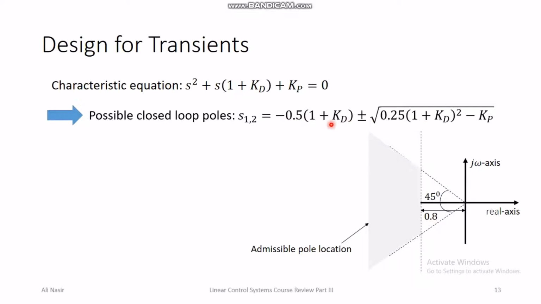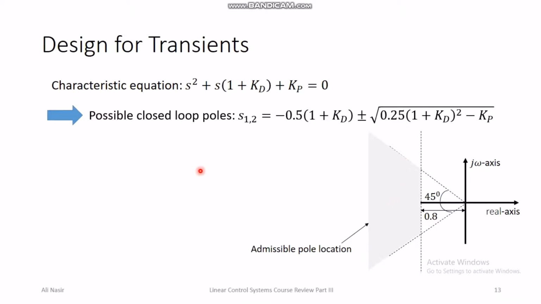So this is the characteristic equation of the closed loop transfer function, a second order equation. You apply the quadratic formula, and this is the solution of the quadratic equation. So we have to look at this equation in order to determine whether we can have poles in this region or not.